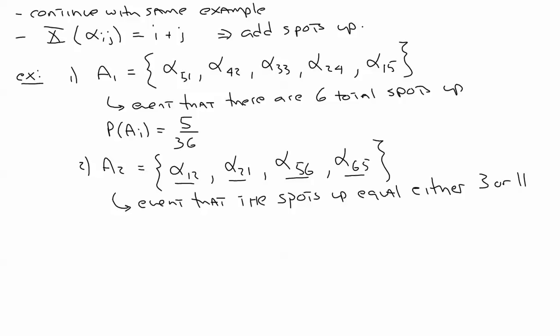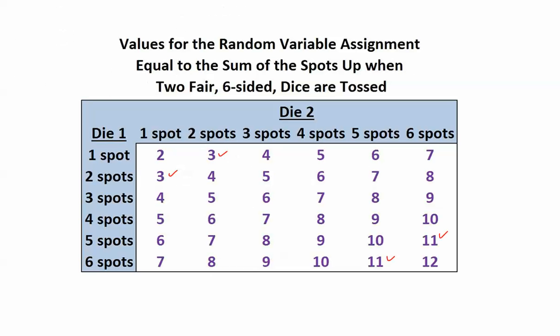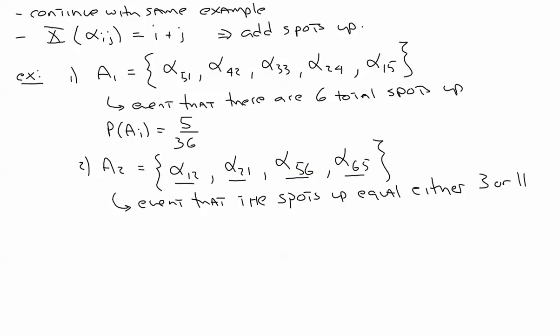Clearly, there are 4 check marks on the screen right now. There are 4 possible equally likely outcomes in this event. My probability of A2 equals 4/36. Okay? All right.